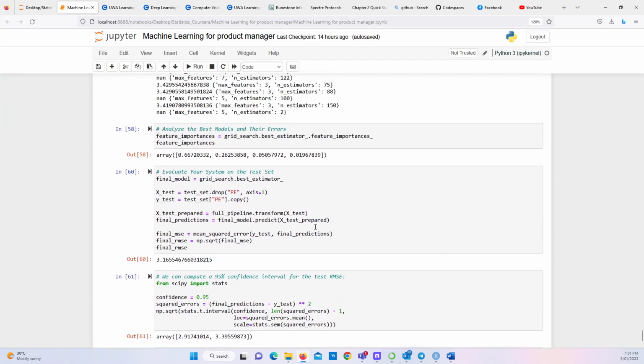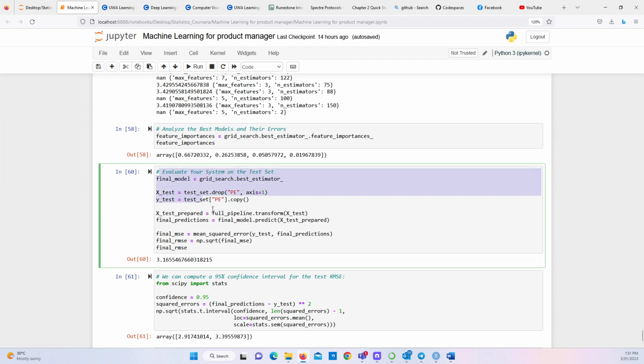So here I evaluate the model, which is a random forest, using a test set, right? And compute the root mean square error. It's 3.1, which is lower than decision trees, which is smaller.